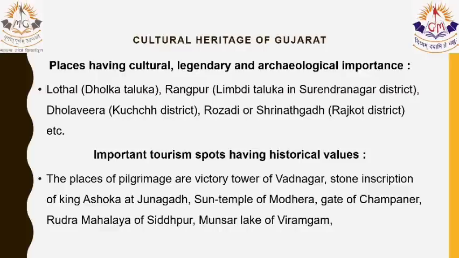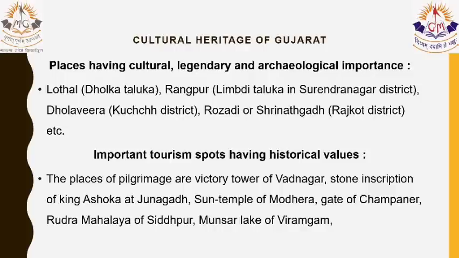Inscription means with the help of a chisel and hammer, letters were carved out and rules and regulations, etc., were inscribed on those stones, huge big boulders of stones. So, one of those stones is found at Junagadh.